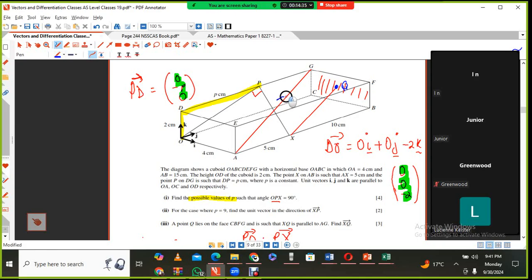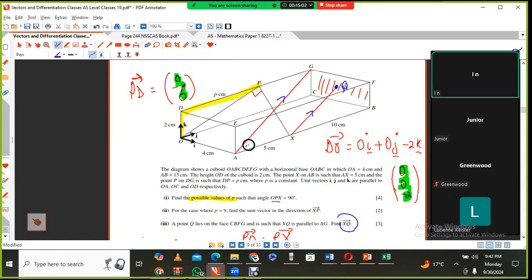So these two are definitely parallel. There's a point Q that lies on that face, such that XQ is parallel to AG. So now they want you to find XQ. To find XQ, I must first find AG.